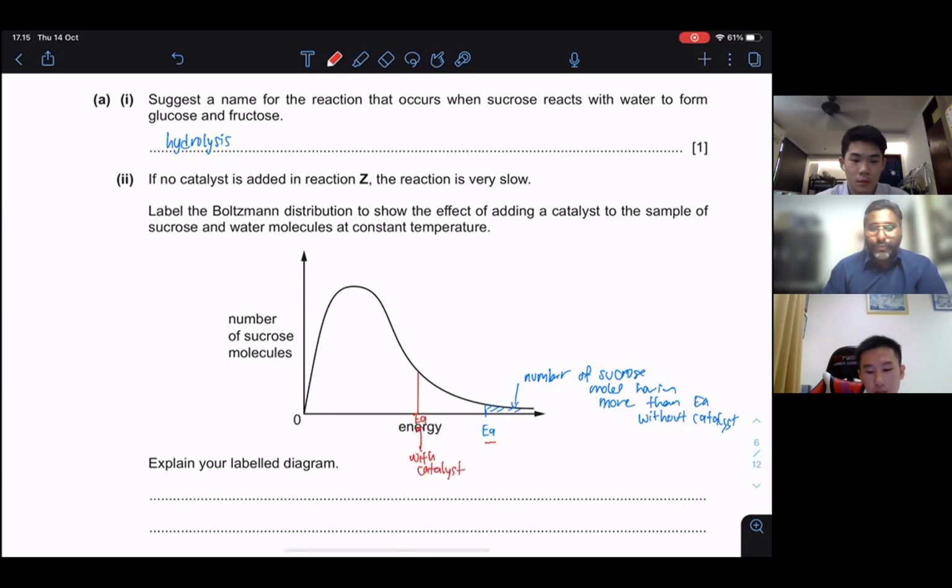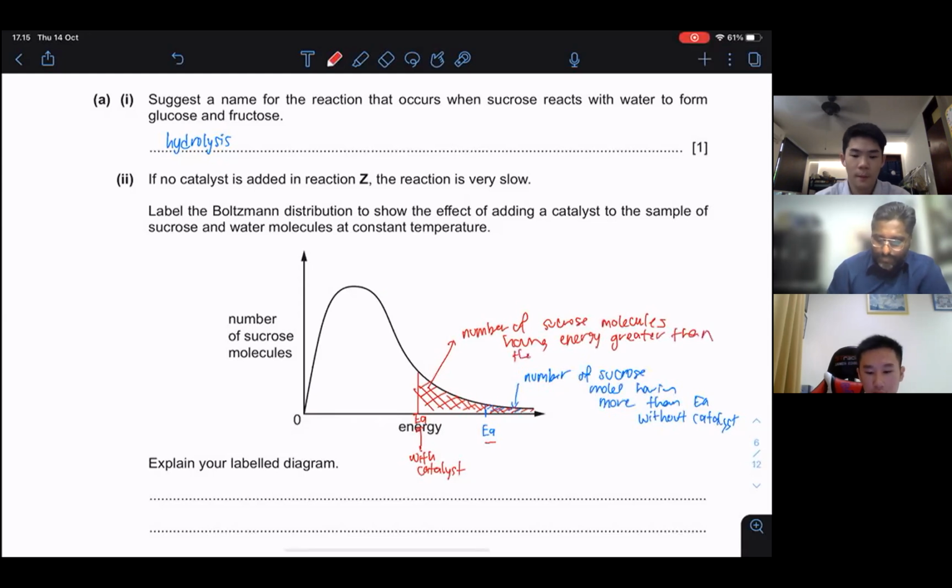And what this will do, it will make the number of sucrose molecules having energy greater than the new EA, you can see here.